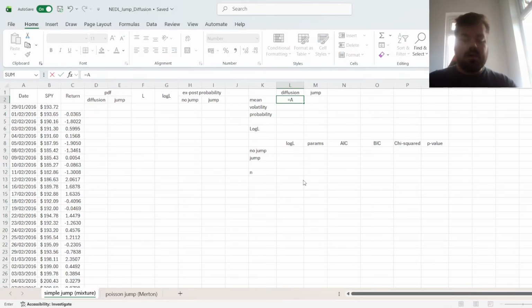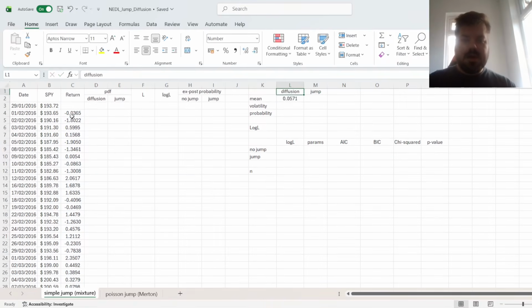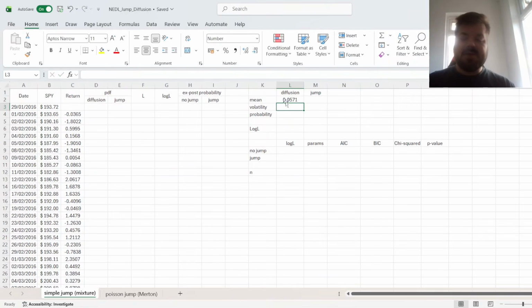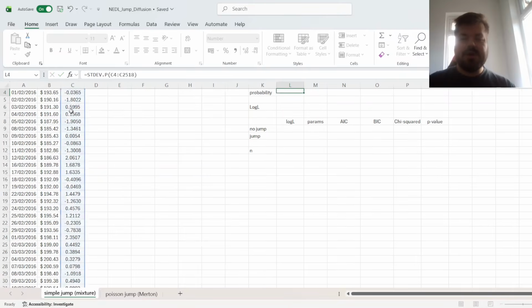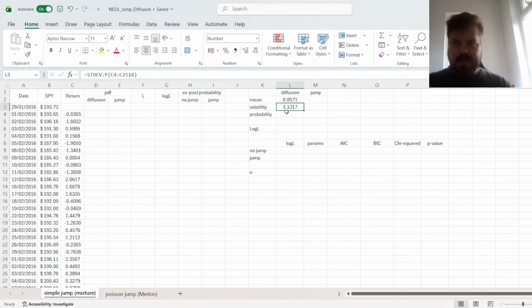So we would calculate the mean of the return data, roughly 6 basis points per day, and population standard deviation. Again, for maximum likelihood consistency, we're using population and not sample calculations here.